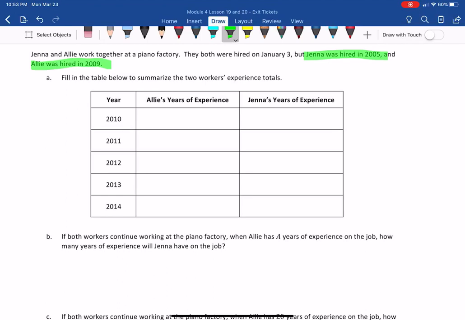First, I need to understand if it is 2010, how many years has Jenna worked and Allie worked? If Allie started working in 2009, I could just take 2010 and then subtract 2009.